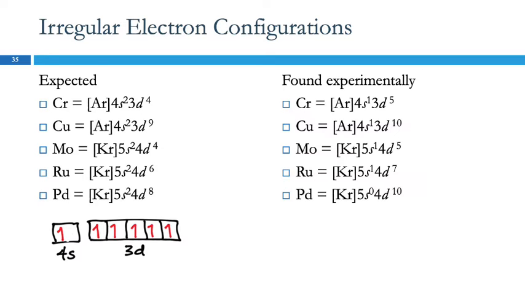The other weird one that I want you to remember, I just want you to remember chromium and copper, is copper. We expect 4s2 3d9. So this is what we expect. But again, what happens is one of the electrons from this room comes up here.